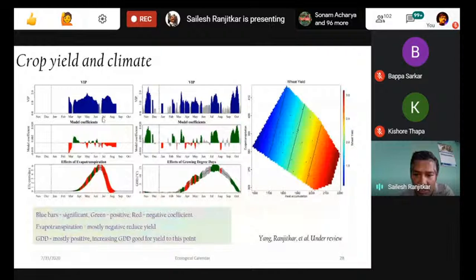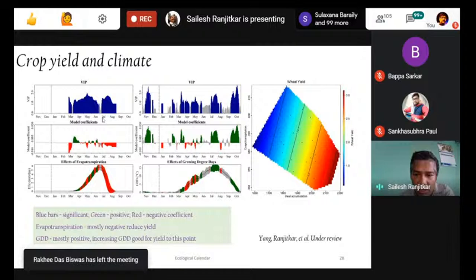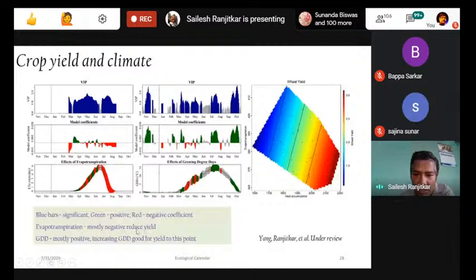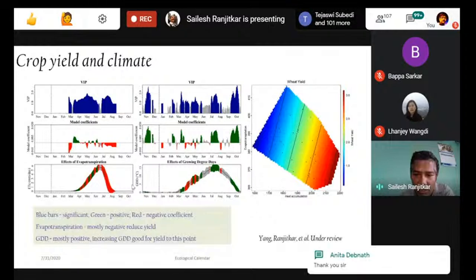We again did a partial least squares regression to check the impact of two climatic indicators, evapotranspiration and growing degree day, on the wheat crop. We found that evapotranspiration mostly has a negative effect that could reduce yield, which means if warming continues and evapotranspiration is higher, then the yield of wheat will reduce.